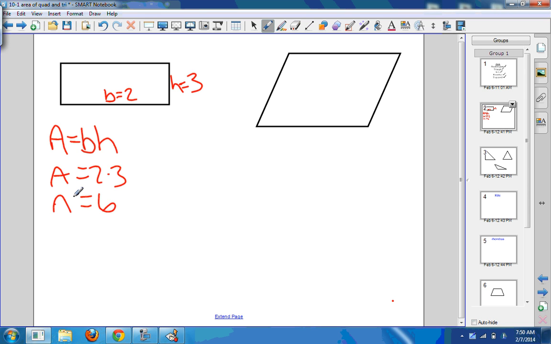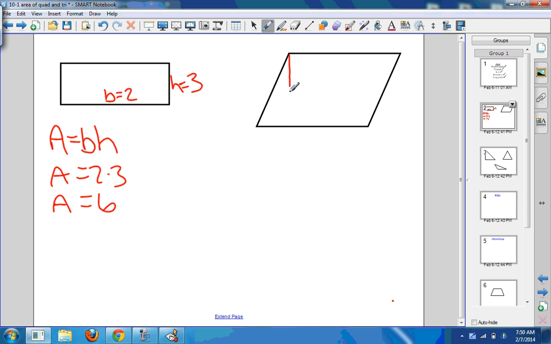Alright, so moving on to something a little bit more difficult, the parallelogram. So the parallelogram is a four-sided shape. The opposite sides are parallel. A lot of time when looking at areas, it's best to break up the shapes.